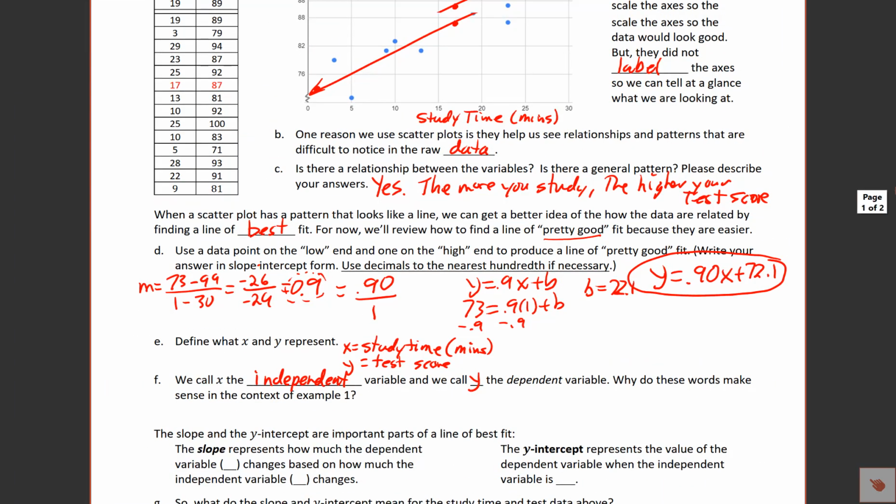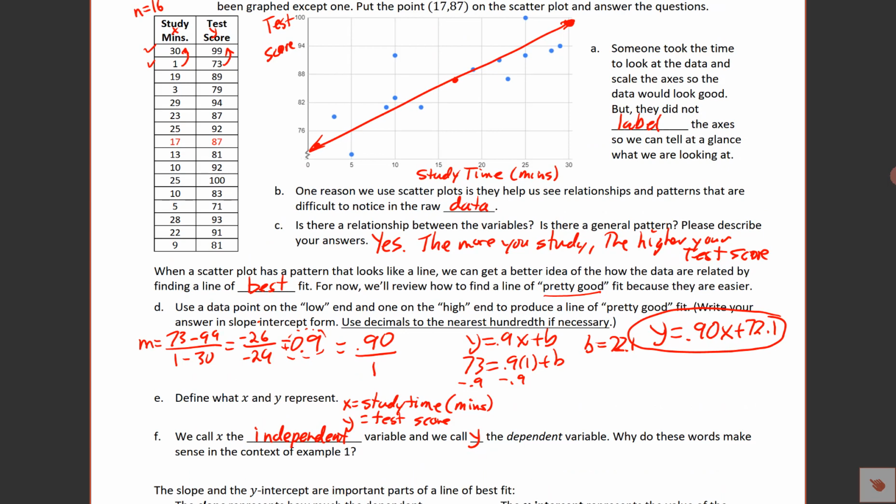And why is it really appropriate in this particular case that we call X the independent variable, and remember X is study time, and Y is the dependent variable? It depends on something. That's the test score. So stop and think for just a second. We're saying that the test score is the dependent variable and the study time is the independent variable. Independent kind of means you get to choose whatever you're doing.